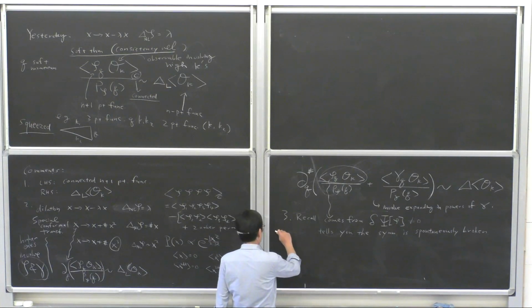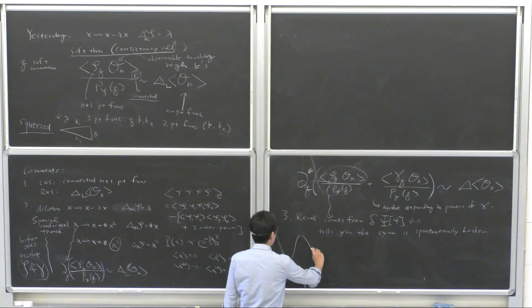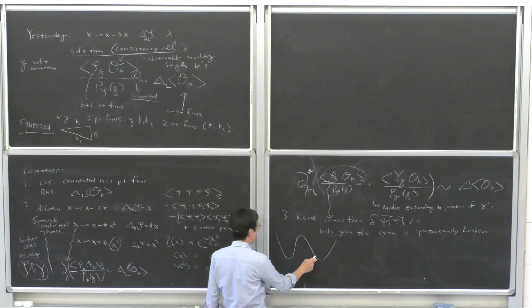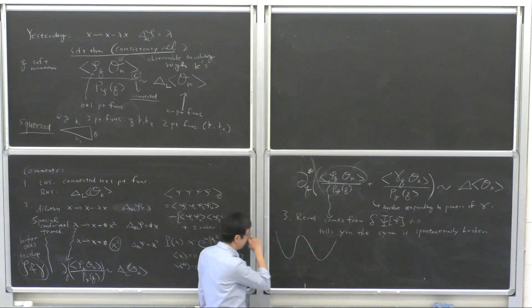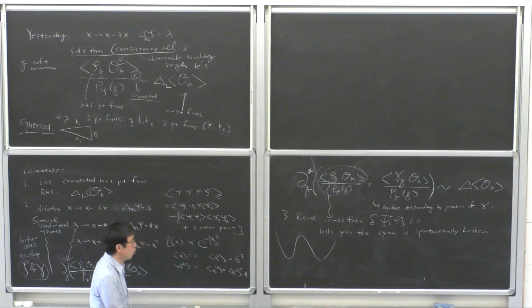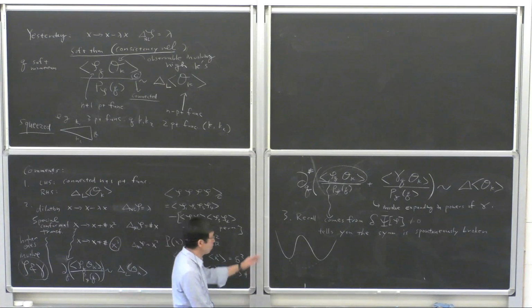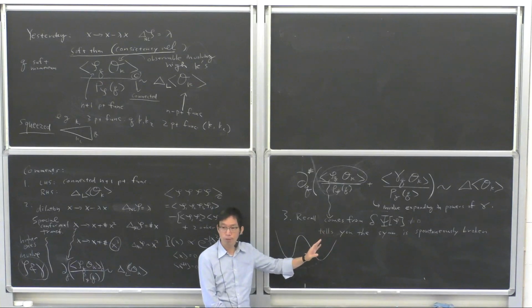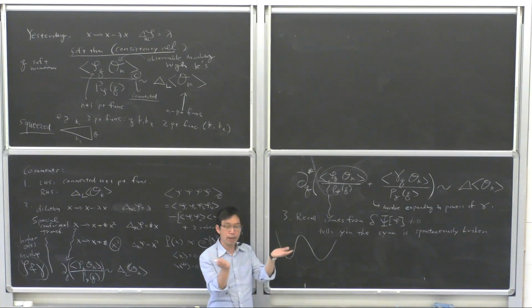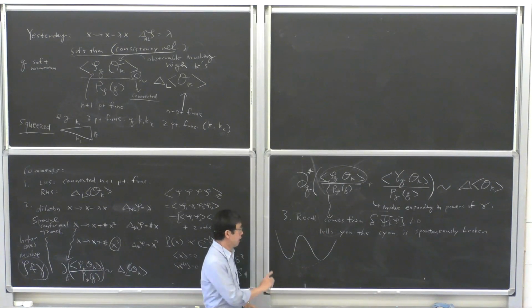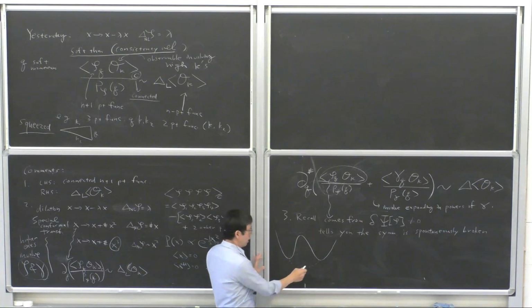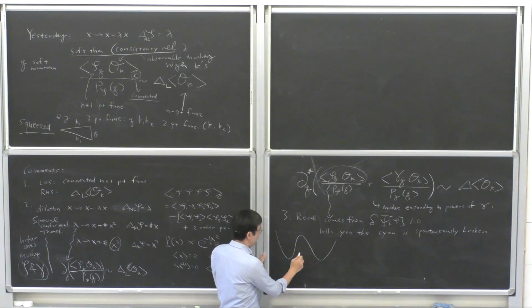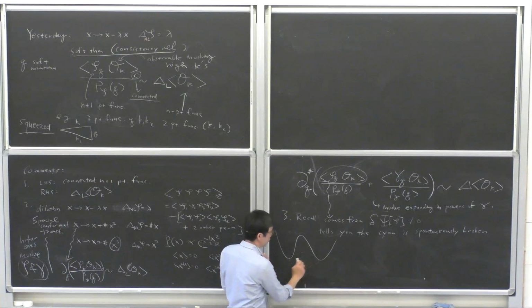So to give you some rough idea, I want to recall one of the simplest examples of spontaneous symmetry breaking that you probably have seen, right? You have this Mexican hat potential for some complex scalar, and you have a U1 symmetry, and your vacuum can be anywhere along this circle.